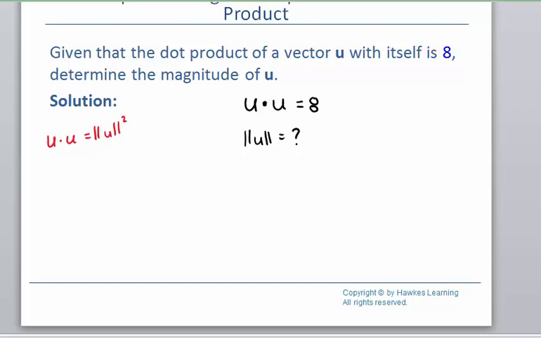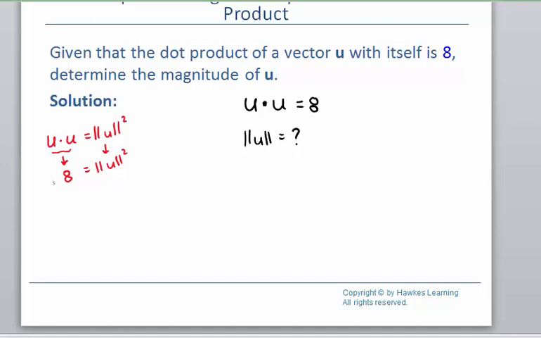And so what that tells me is that the vector u dotted with itself is equal to 8. And so essentially this part right here equals 8, and we know that that's going to equal the magnitude squared. Okay, so what can we do? How can we get from the magnitude squared to just the magnitude that we need to answer the question?